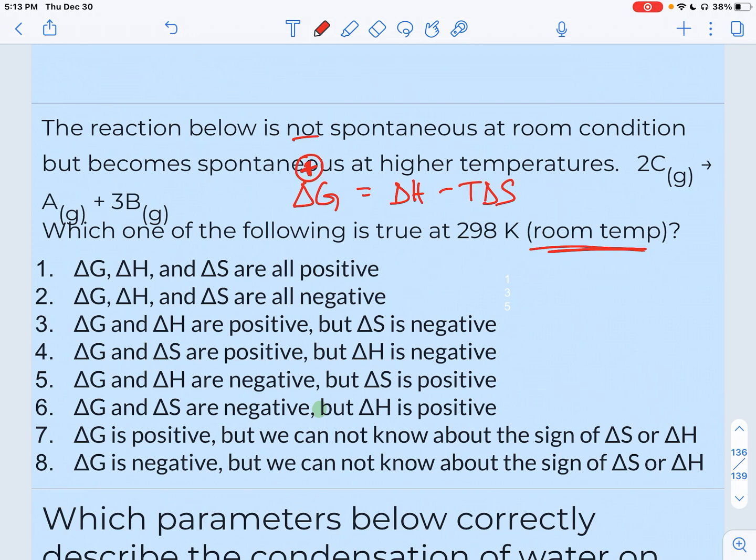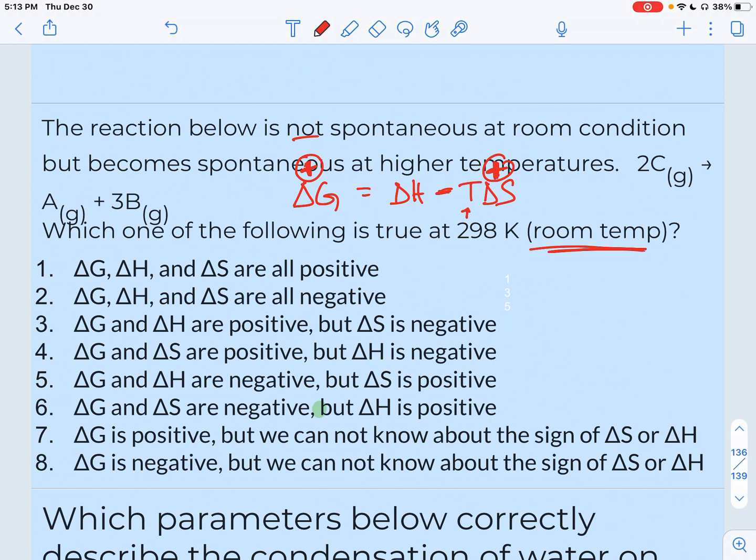We also know that if we increase the temperature, it becomes spontaneous. So that means that delta S must be positive. It must be favorable, but not when the temperature is too low.